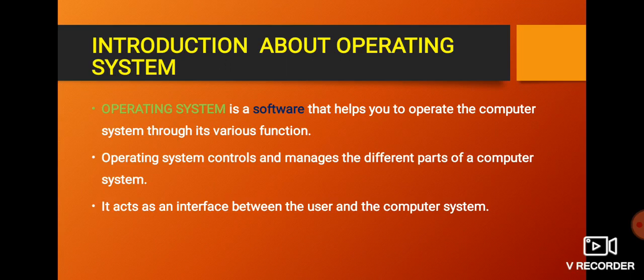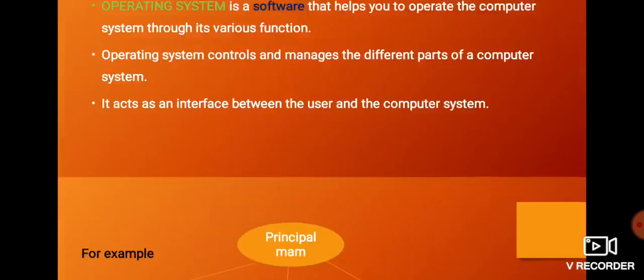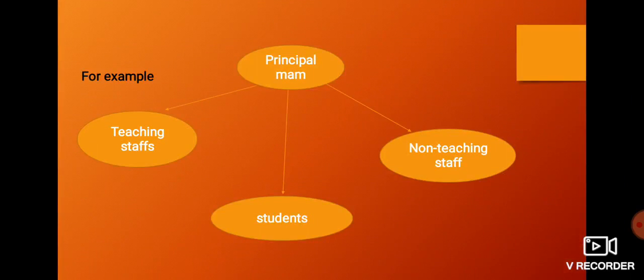Operating system means it controls and manages the different parts of a computer system. If you take a real-time example, consider our school campus. We have different types of departments like teaching staff and non-teaching staff, and students. These different departments and students are controlled and managed by the principal ma'am. She is like an operating system.